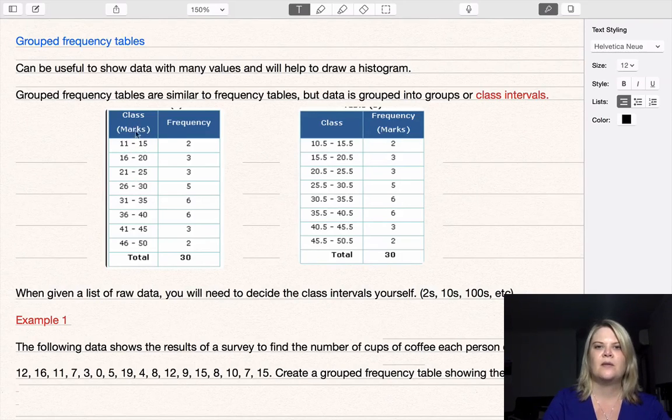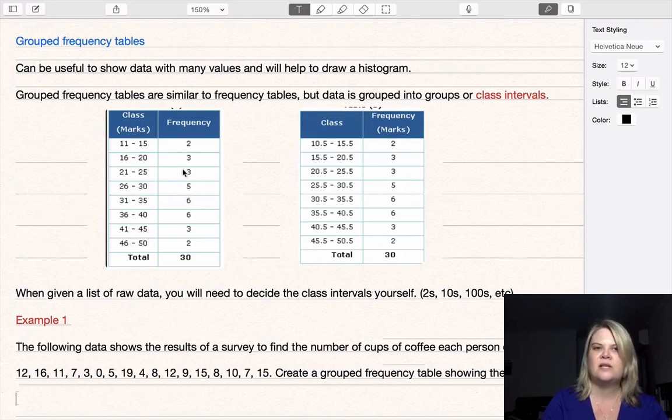This first table shows you the data going up in fours, and this would be useful if you only had data that had whole marks. So you couldn't get a 15.5 or a 16.5 in this test. If you have data like that in whole marks, then you can use class intervals like this.